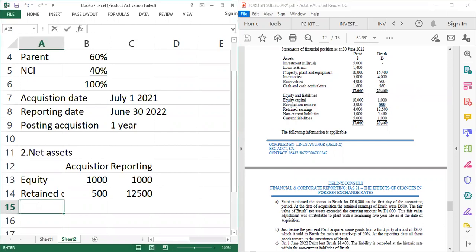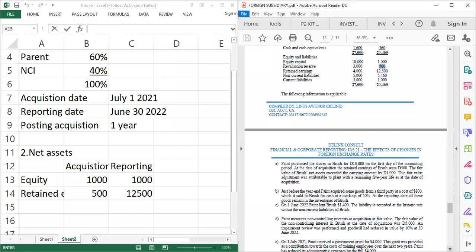So what will happen is that at the date of the acquisition, some of the assets of the subsidiary might be increasing and some of them might be reducing. What we do is find their fair value. What are they saying? Paint purchased the shares in Brush for 50, and the fair value of Brush's net assets exceeds their carrying amount by what? 1,000.